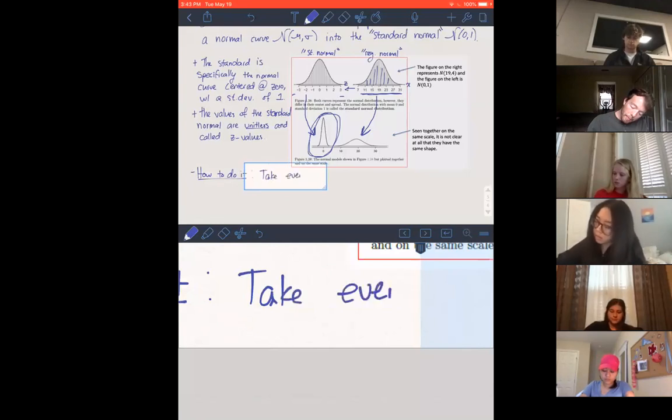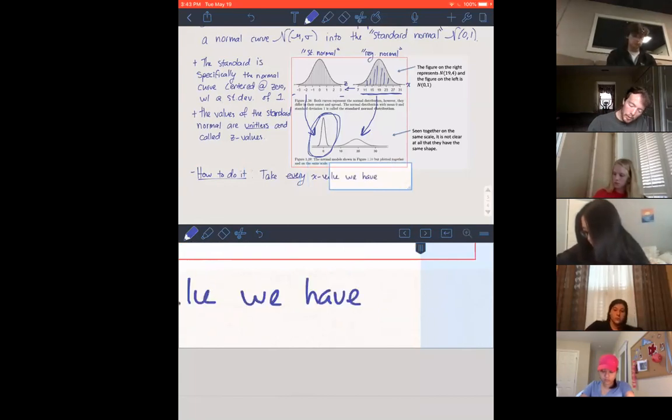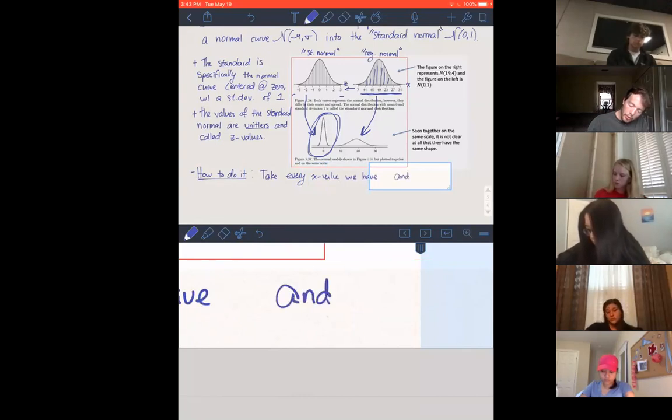Take every x value we have and transform it.